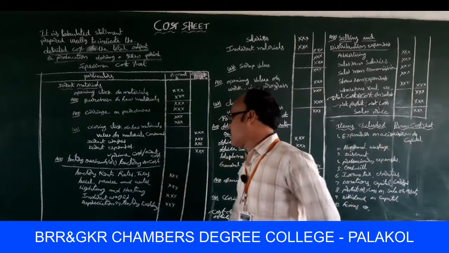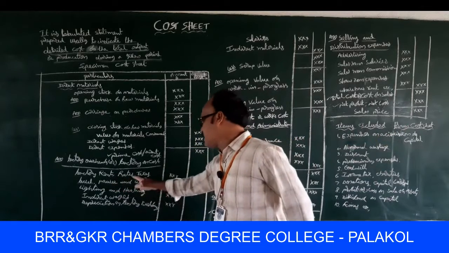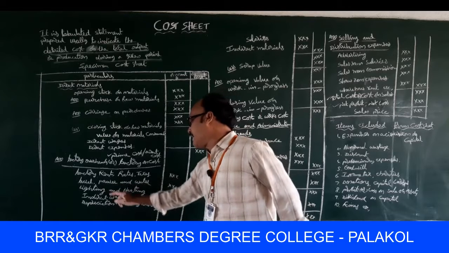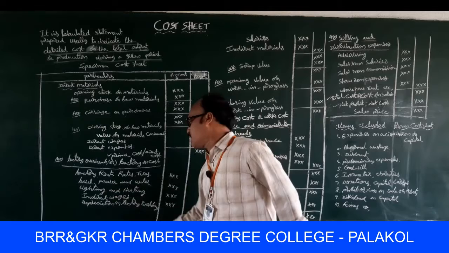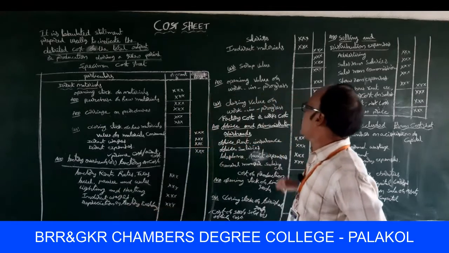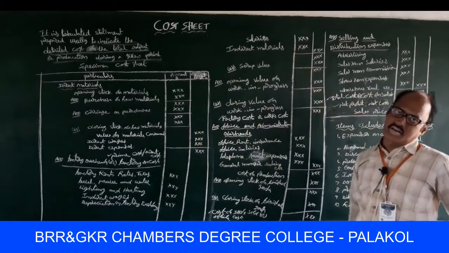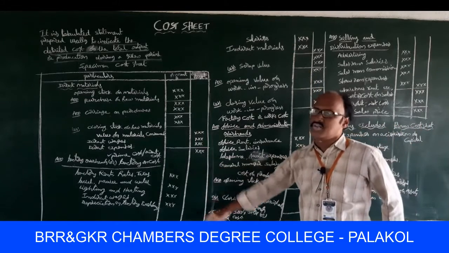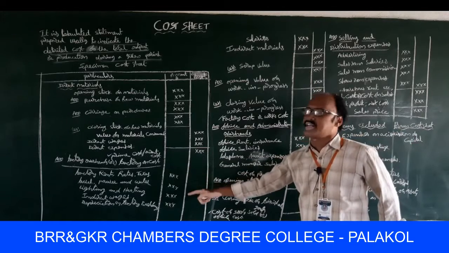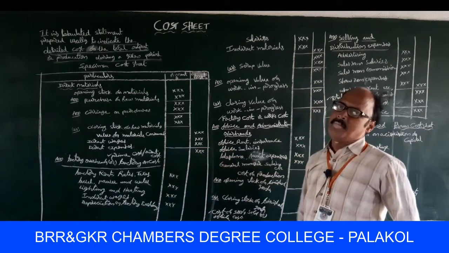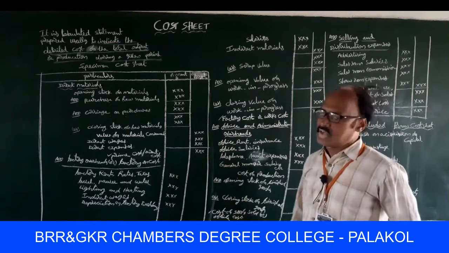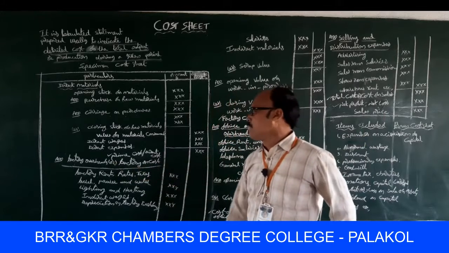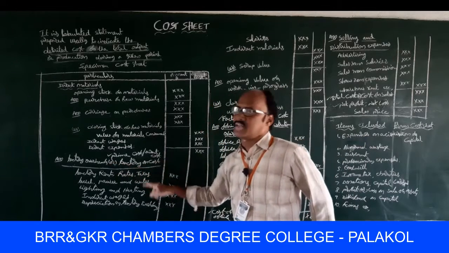Factory rent, rates, taxes, fuel, power, water, lighting, heating, indirect wages, depreciation on factory buildings, salaries, indirect materials. These are all the transactions to be noted under the head of factory overheads. These are all the indirect expenses relating to factory. That's why these transactions are recorded under the head of factory overheads. Factory overheads is nothing but factory on cost.